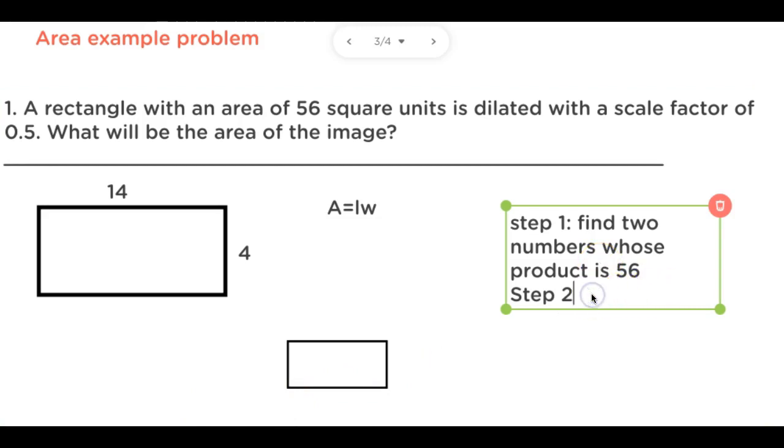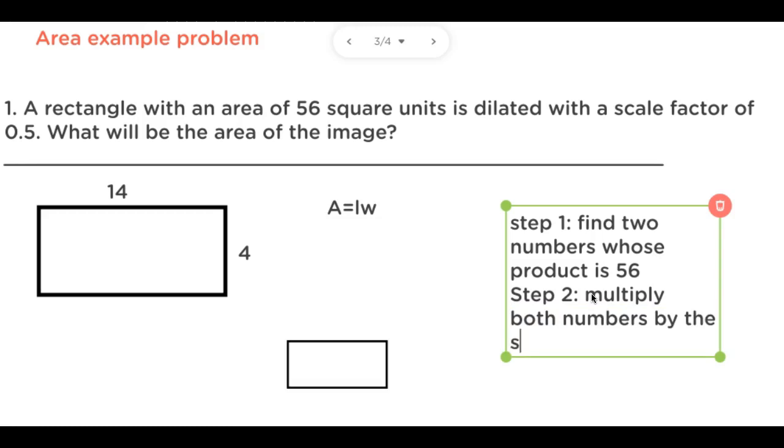Step two, we're going to multiply both numbers by the scale factor, and I'm going to use SF.